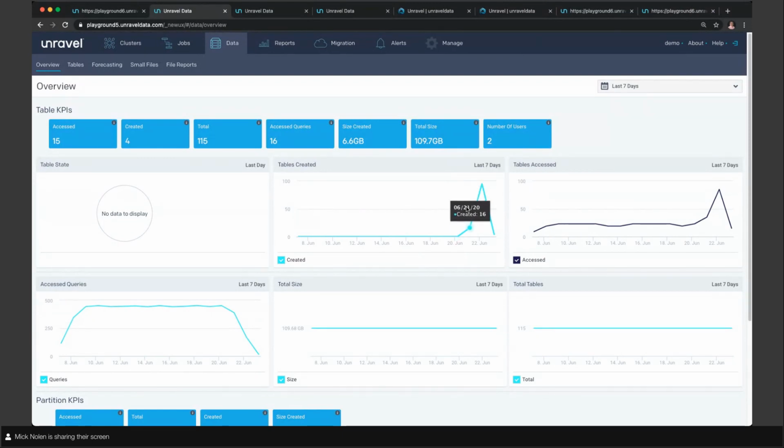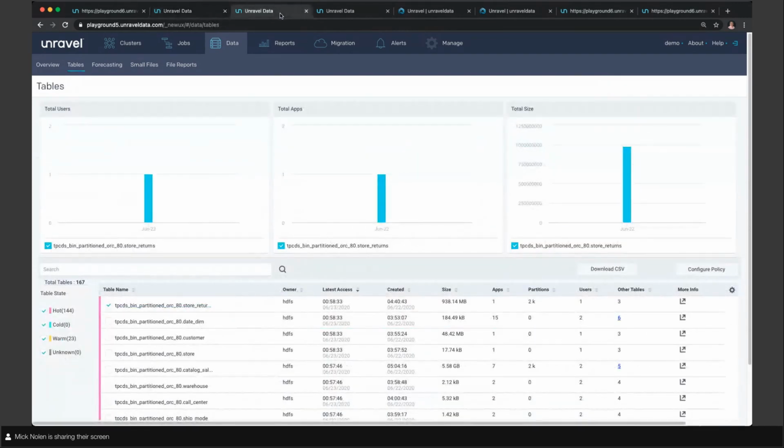So understanding how many tables are getting created recently, do I have everything getting accessed. If I drill down onto that table level, we can really get more granular with the metadata that we're collecting about the environment, and understand what are my hot tables, what needs to move to the new platform.